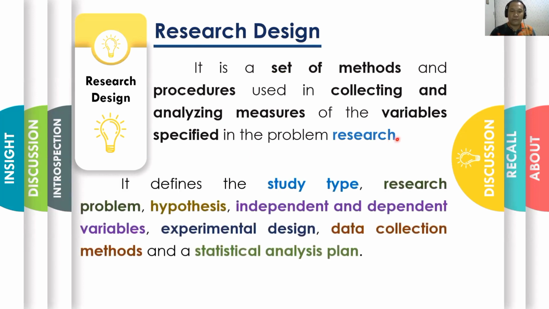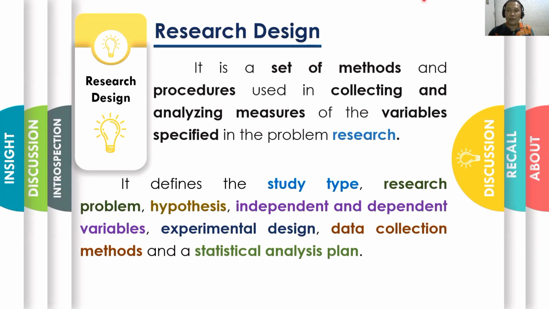In addition, it defines the study type. What type of research are you going to use? And then the subtype, are you going to use a longitudinal type of research? Then knowing the research problem, hypothesis, independent and dependent variables, experimental design, the data collection methods, and statistical analysis if there is.